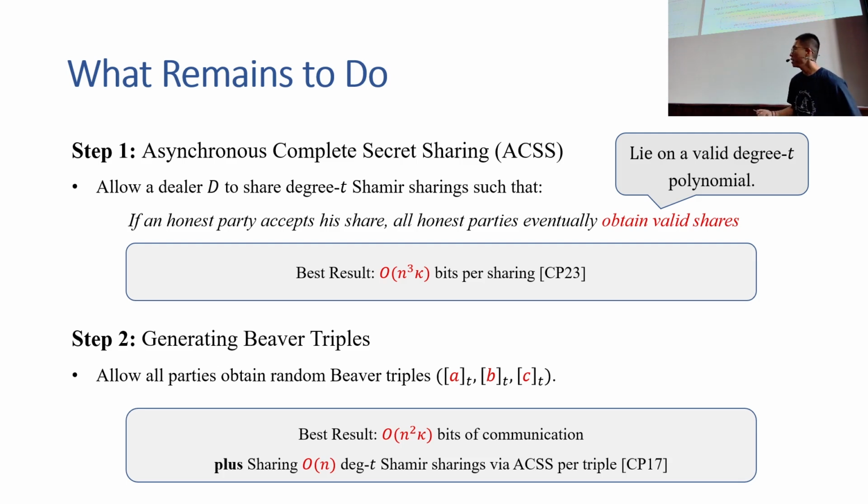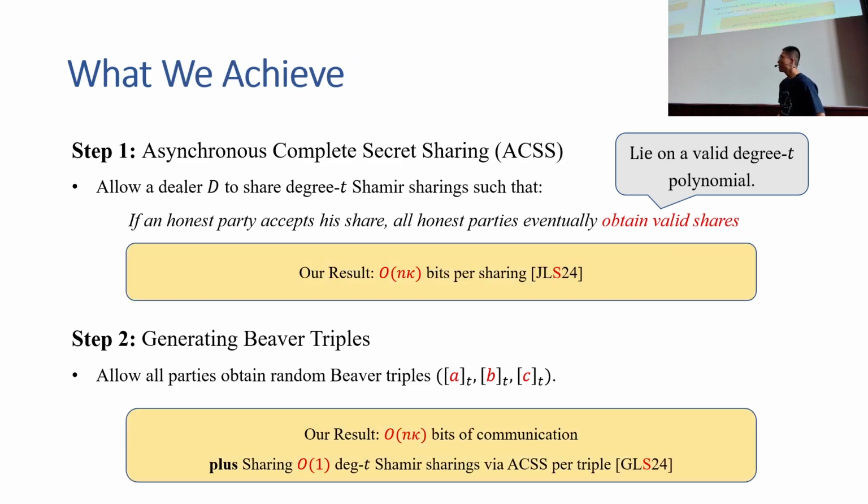And if you compare with the result we know for the synchronous setting, then there's actually an n-square overhead for the first step and an O(n) overhead for the second step. So this means that if you combine these 2 parts together, you will have n-cube overhead compared with the best known result in the synchronous setting.